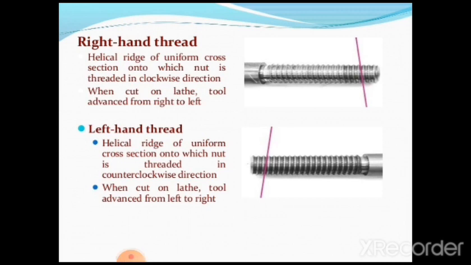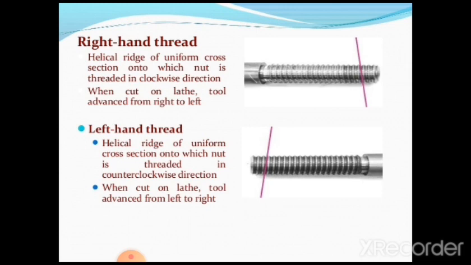The next one coming up is right hand thread and left hand thread. This is also an important concept, because whenever we are going to cut threads on any type of workpiece or material, especially a cylindrical surface, we need to understand the meaning of a right hand thread and a left hand thread.